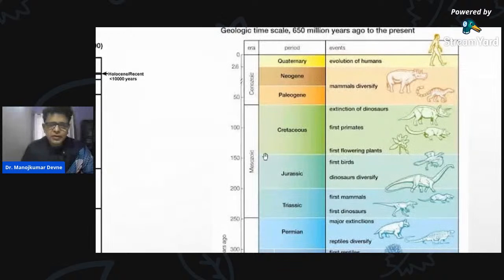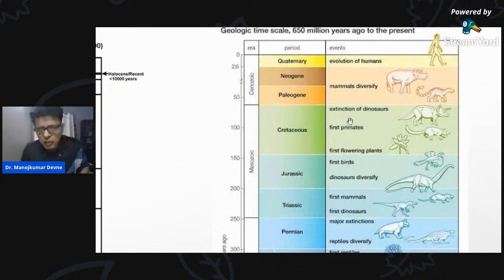Before that, you have the Mesozoic period, and the whole of the Mesozoic: the Triassic, the Jurassic, and the Cretaceous. You have the first dinosaurs, the first mammals, then the dinosaurs diversifying, then the first birds who fly as well. Towards the latter part of the Mesozoic, you have flowering plants, a typical type of reproduction in botany.